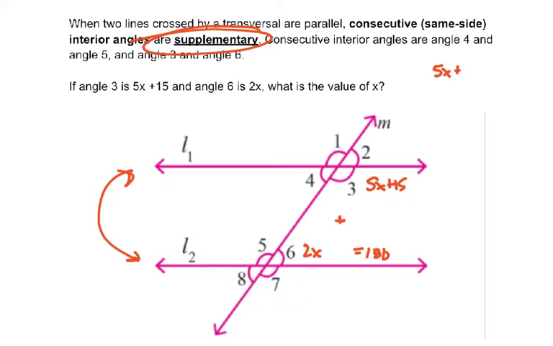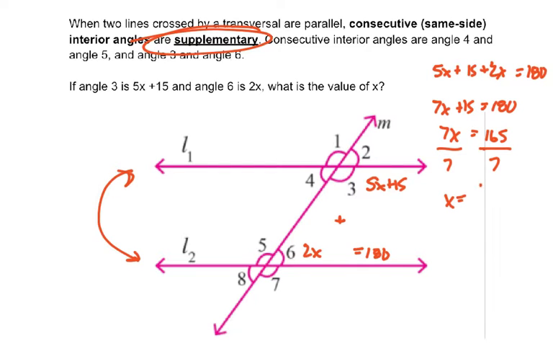So 5x plus 15 plus 2x equals 180. 7x plus 15 equals 180. 7x equals 165. And this is not going to divide evenly. So when we divide, x equals 165 sevenths. I'm going to leave that like that. Decimals aren't necessarily our friends here.